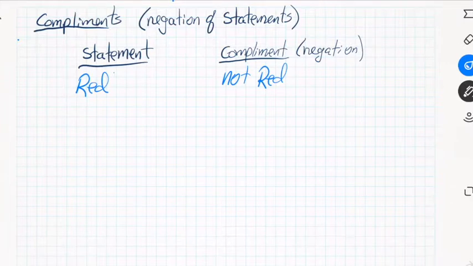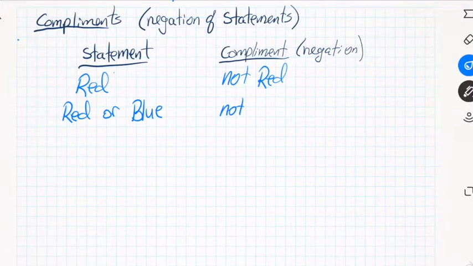But sometimes it gets a little bit stranger. Like if I have red or blue, and these are just examples, words, red and blue, they could be anything. So you got to be really careful with that. These are just events of probabilities, and if the word or is in between it, then what you have to do to complement it is to say not red, and this is important.